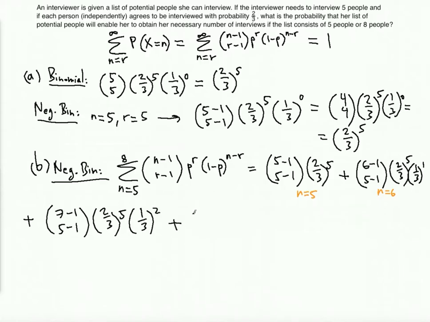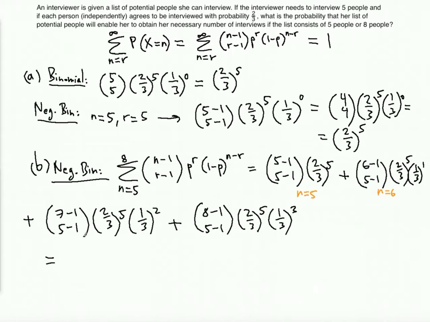And then the last case, 8 minus 1. So she will need all 8 trials in the last case to have 5 successes, to have 5 people agreeing to be interviewed, right? 2/3 raised to the 5th power always, and 1/3 is raised to the 3rd power, the difference of 8 and 5, right?